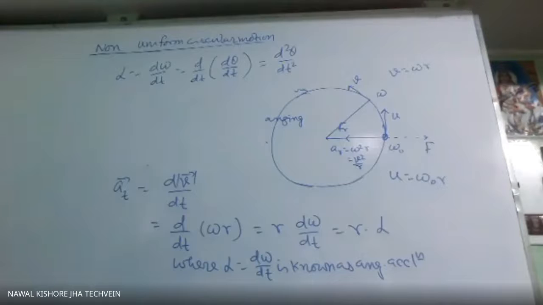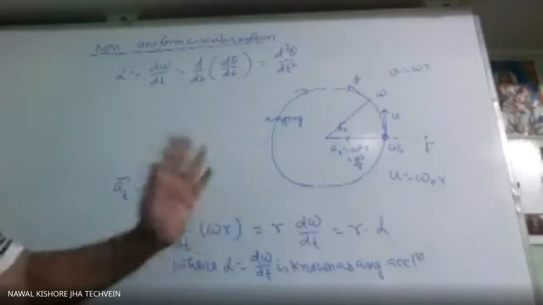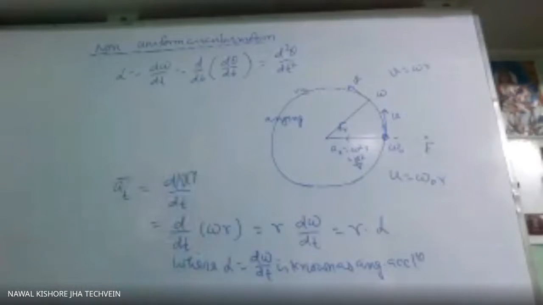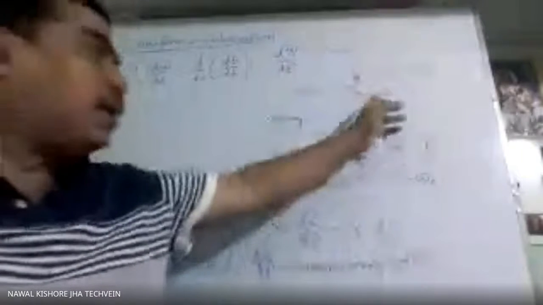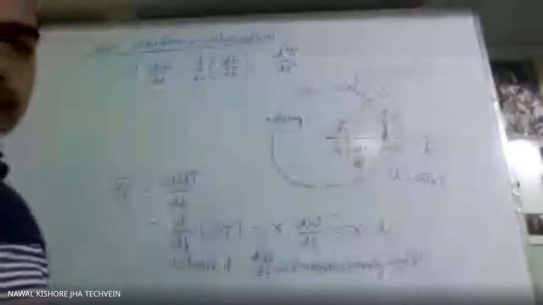So what does it mean here? The particle will have two accelerations. In non-uniform circular motion, the particle will have two accelerations. One will be along the tangent, and the other will be along the radius.